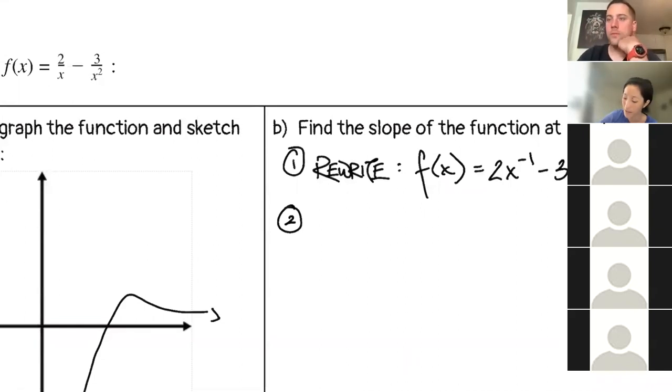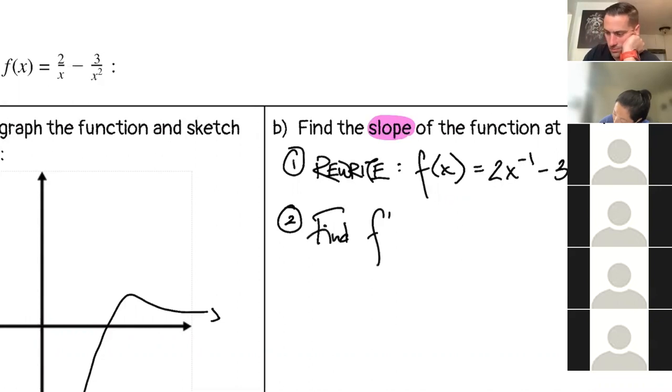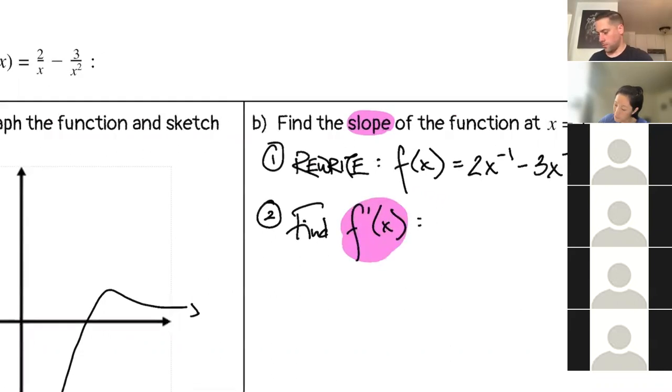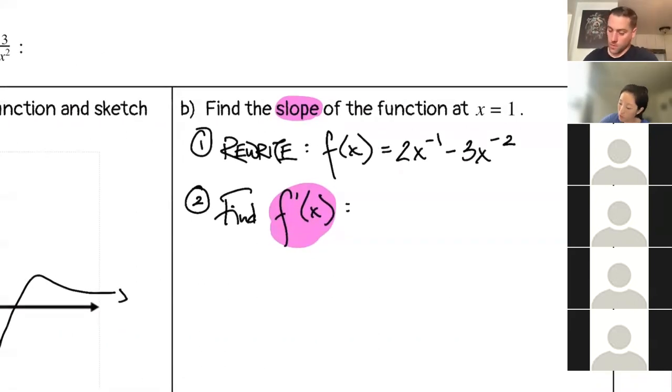Slope. Yeah, that word slope, right? So we see that word slope and we're thinking find f prime of x.